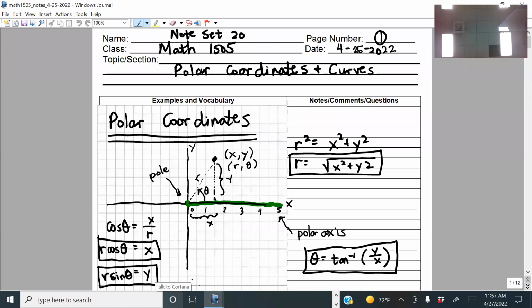Now, very honestly, in most cases, when you're using polar coordinates instead of rectangular coordinates, you go ahead and draw both axes anyway. But technically, you only have to draw one, which is the non-negative half of a number line. This is not called the x-axis.